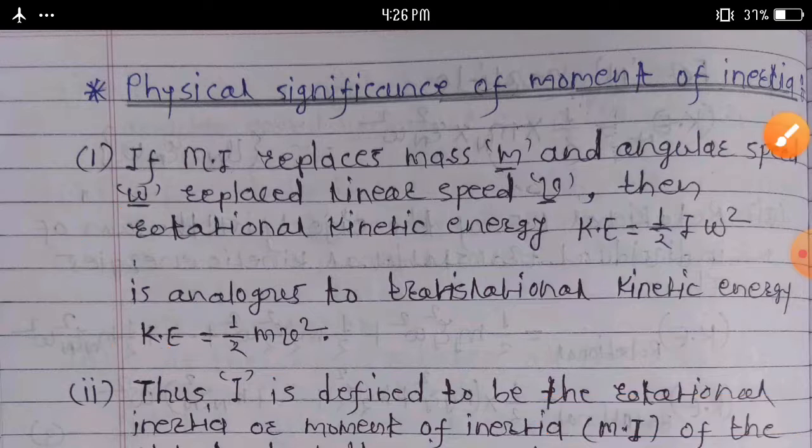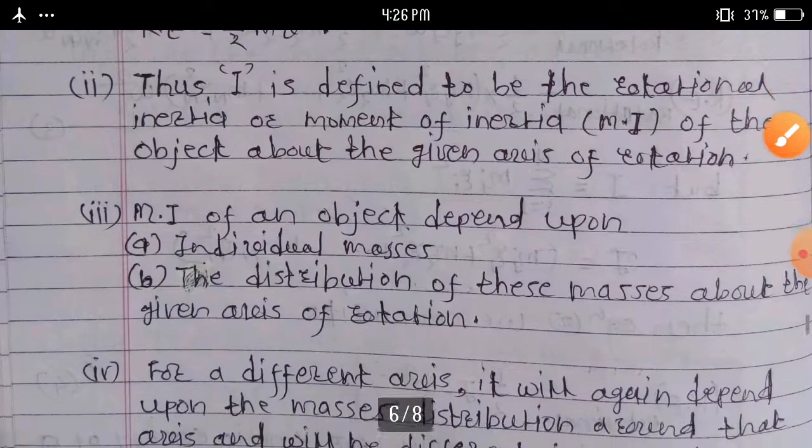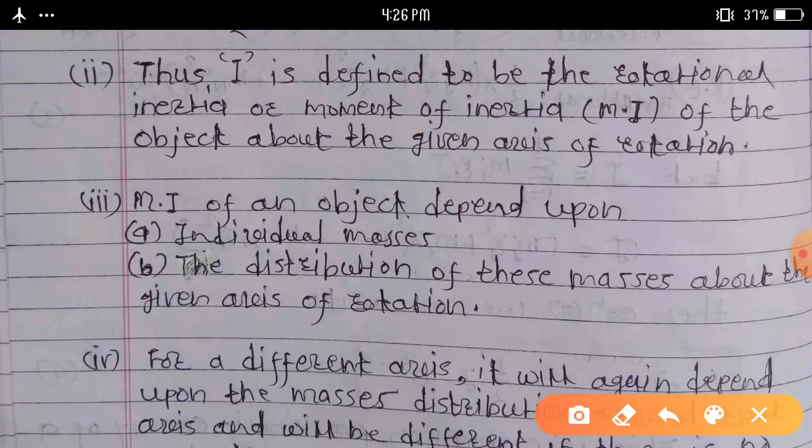Second significance: thus I is defined to be the rotational inertia or moment of inertia of the object about the given axis of rotation.